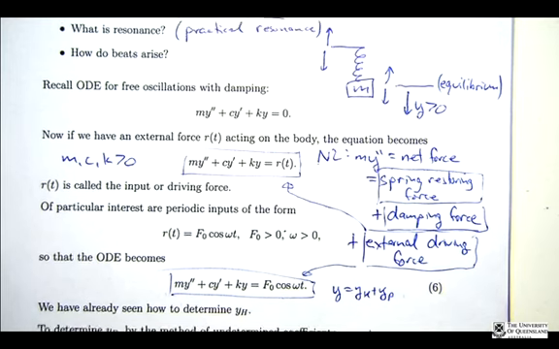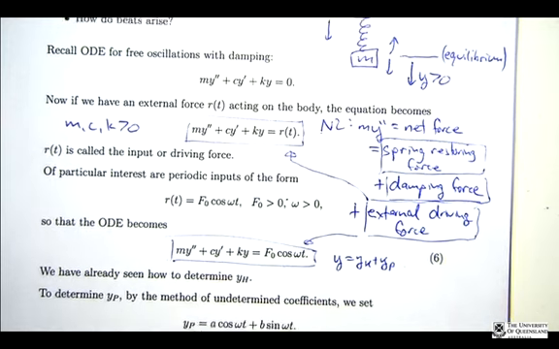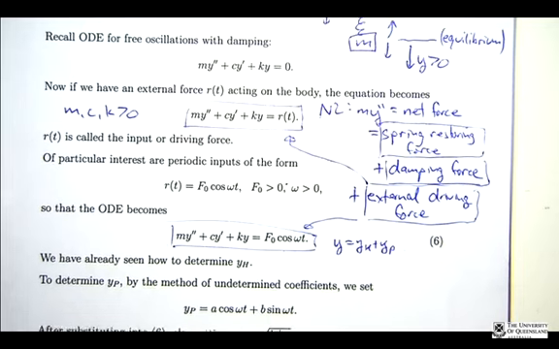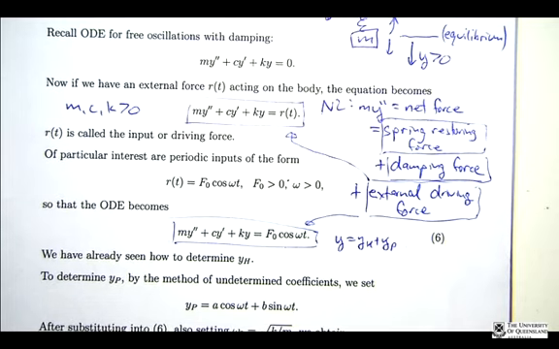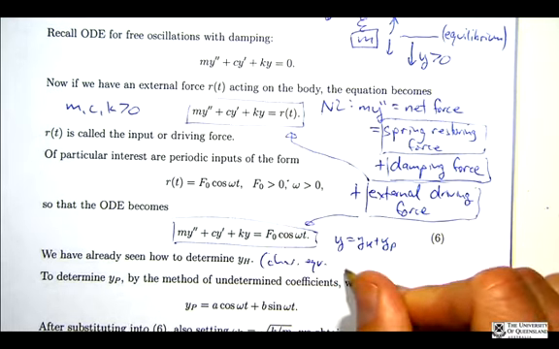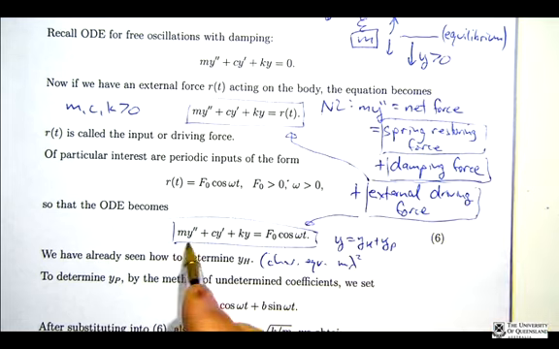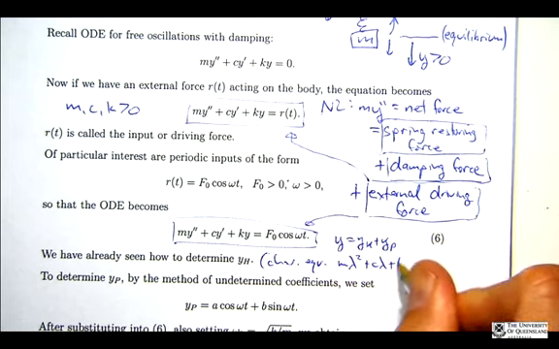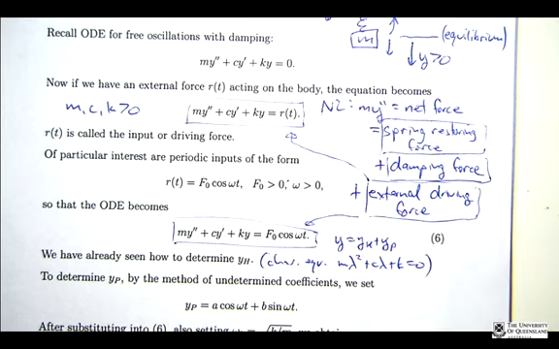We've certainly seen how to determine the homogeneous solution. m, c, and k are all constants, so we should be able to just write down the characteristic equation, which becomes m lambda squared plus c lambda plus k equals 0, and work out values for lambda to write down the y_h.